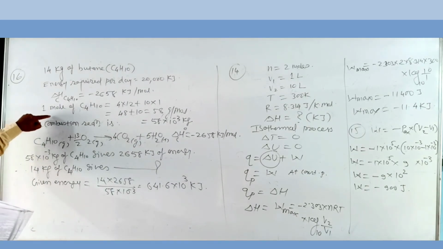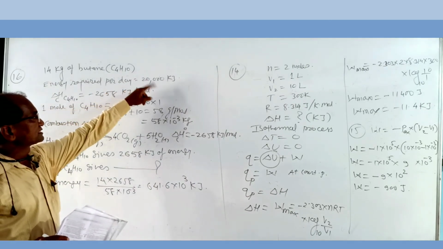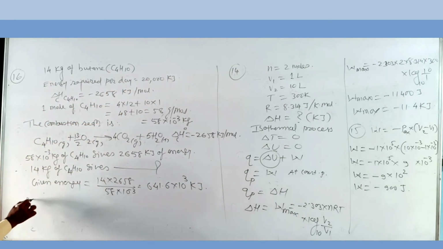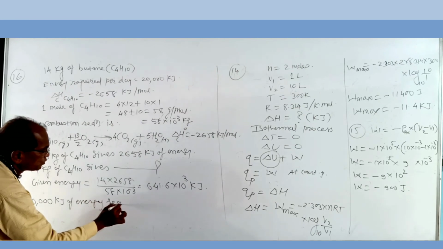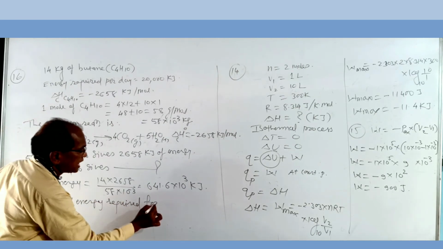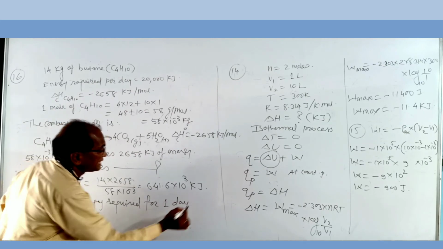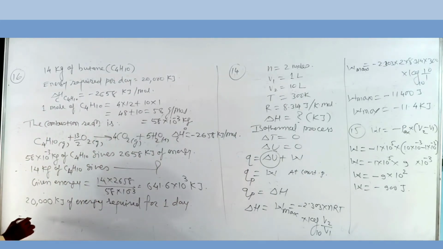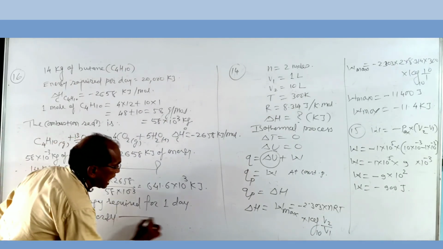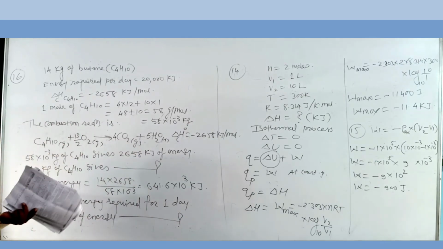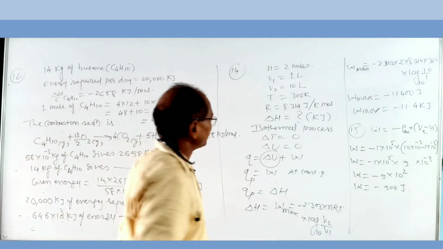The family requires 20,000 kilojoule of energy for 1 day. Therefore, 641.6 into 10 to the power 3 kilojoule of energy lasts how many days?